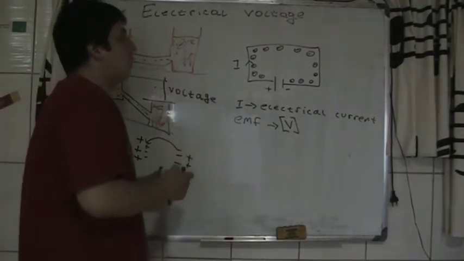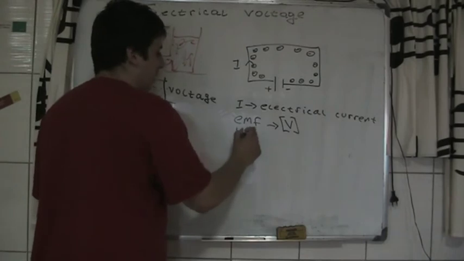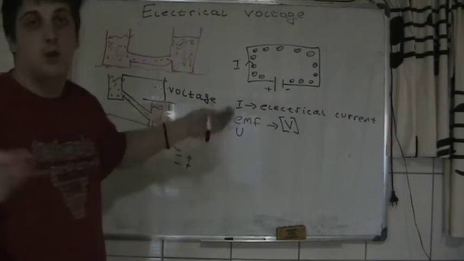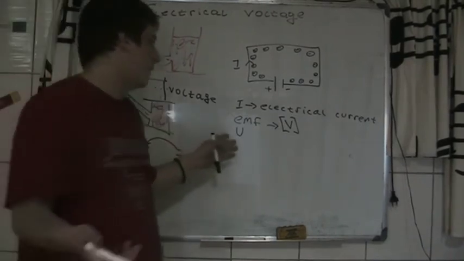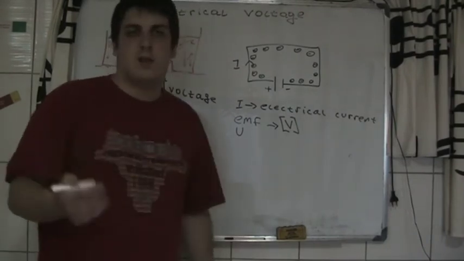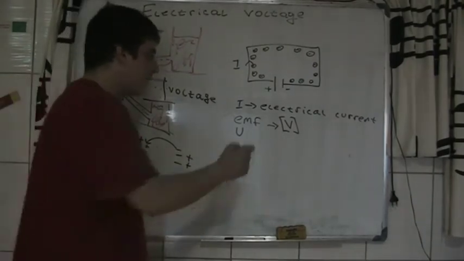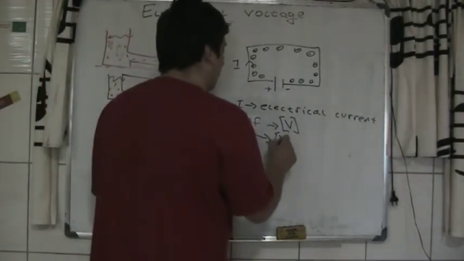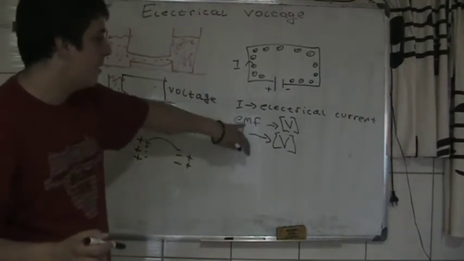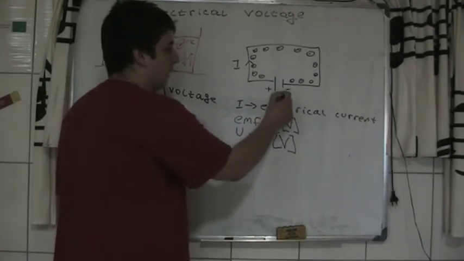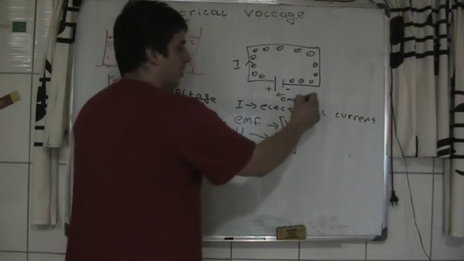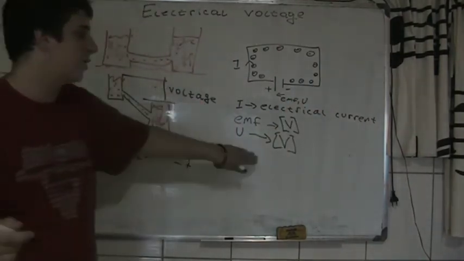Electrical voltage, we in Europe usually mark as capital U, but I saw that Americans mark electrical voltage with capital letter V. It is measured in V. Here the EMF looks from the minus to the plus, but also the electrical voltage.